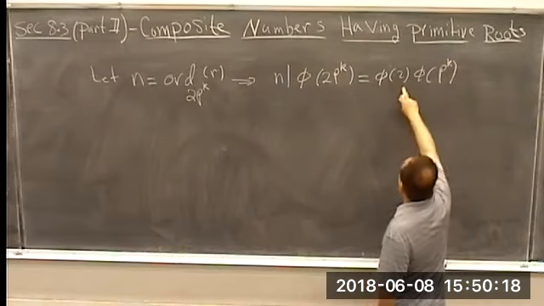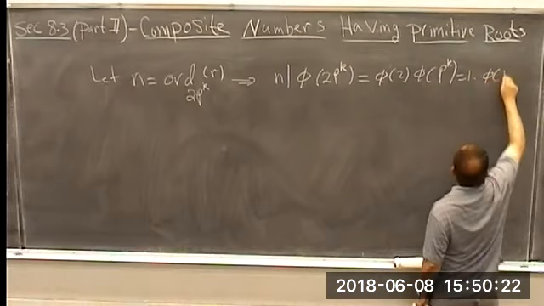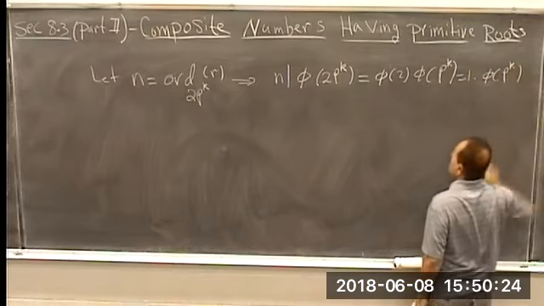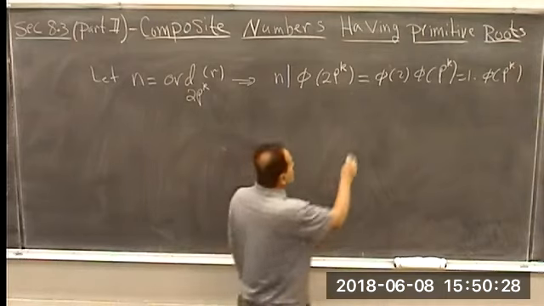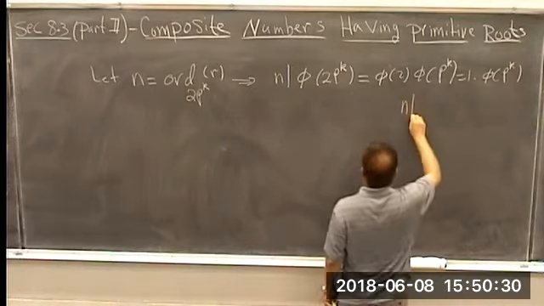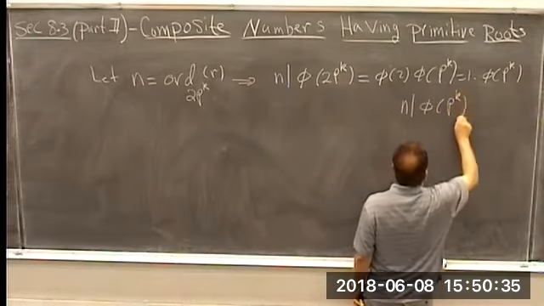And phi of 2 is equal to 1, so it is phi of p^k. In other words, we have this divisibility relation, which we will come back to. So n divides phi of p^k.